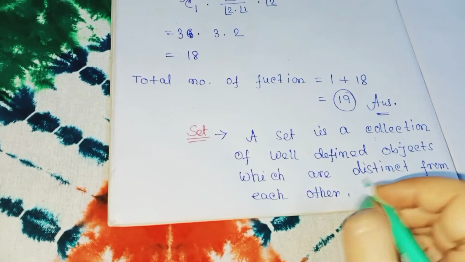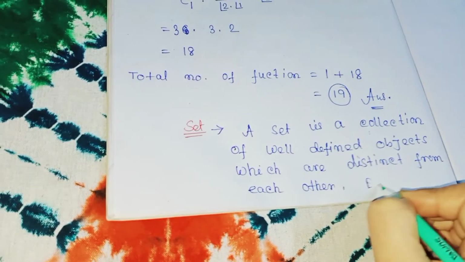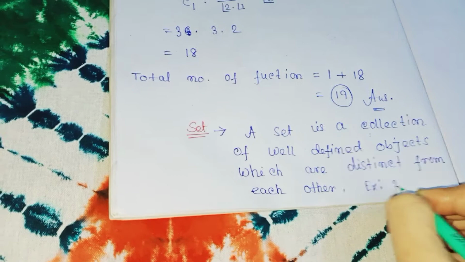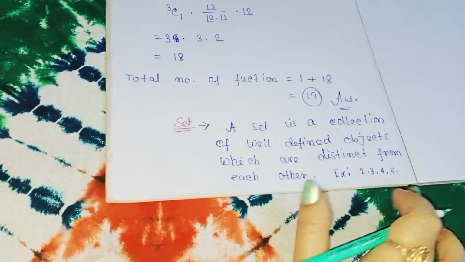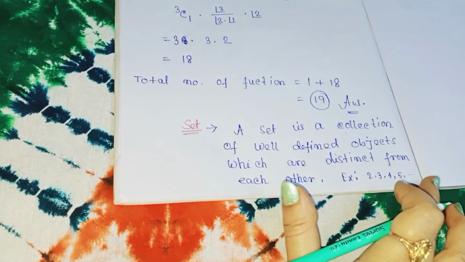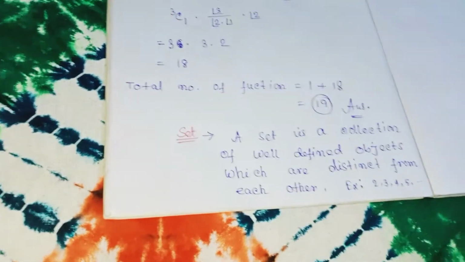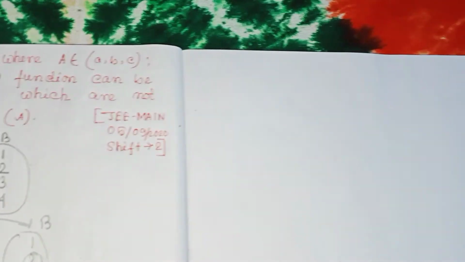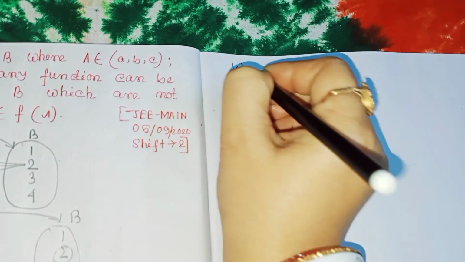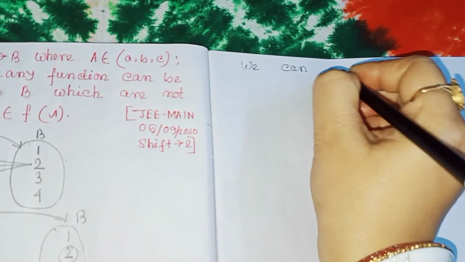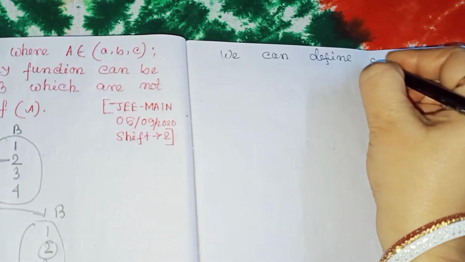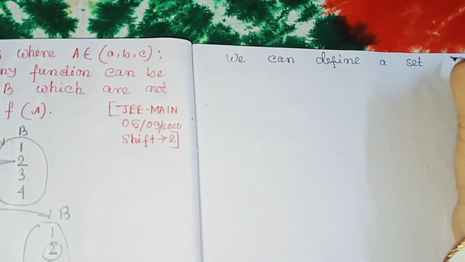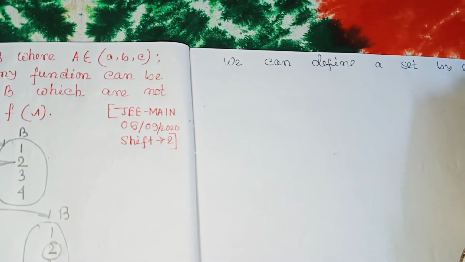So we may write, take an example, 2, 3, 4, 5, dot dot dot. This is a collection of well-defined objects, so it forms a set. Now we can define a set in 2 ways.